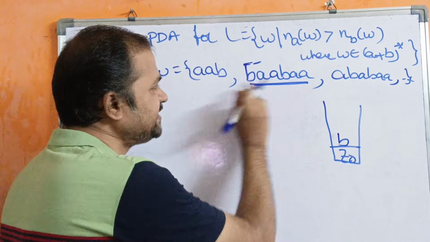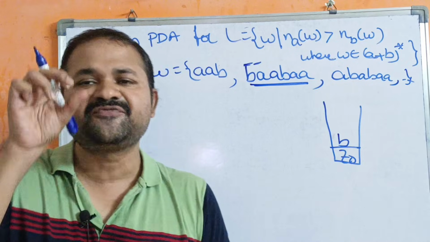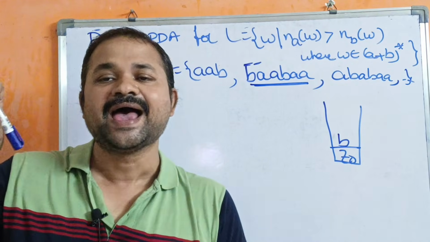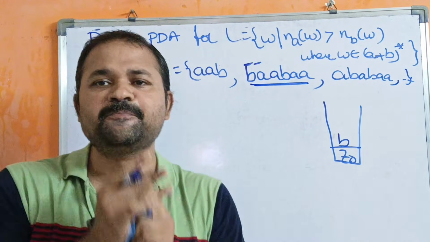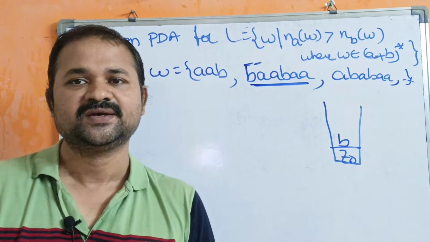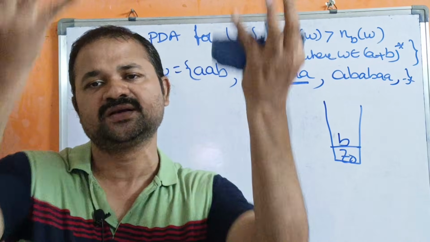Next input symbol is A, and what is the stack's topmost symbol? B. If the input symbol is A and the stack's topmost symbol is B, we are simply making comparisons. For every A we will have a corresponding B, but the number of A's must be greater.